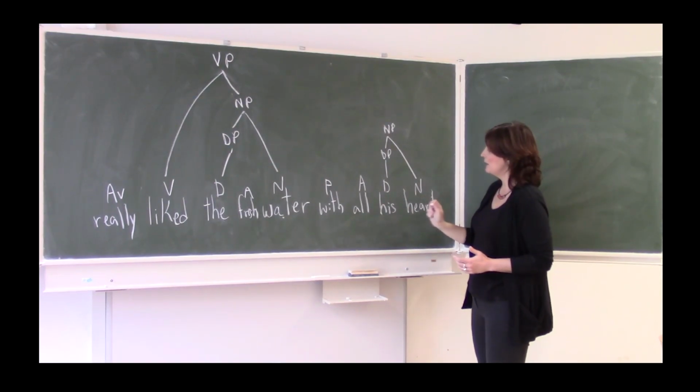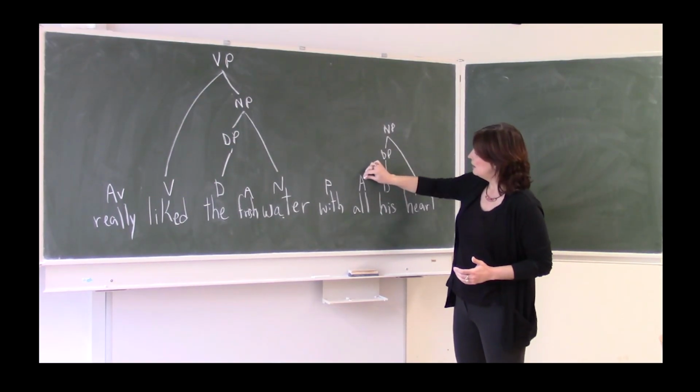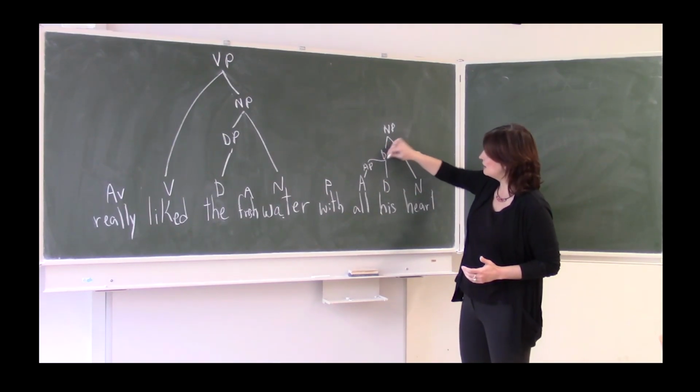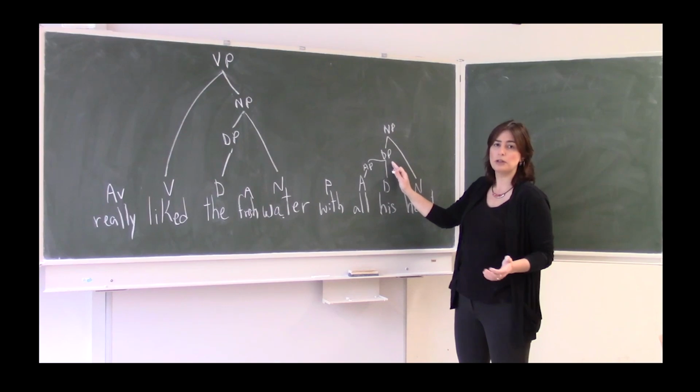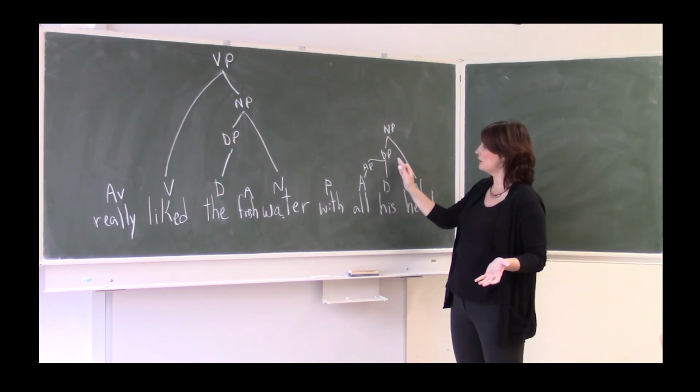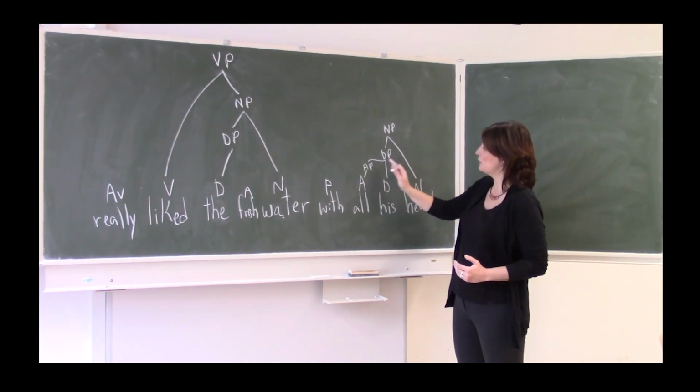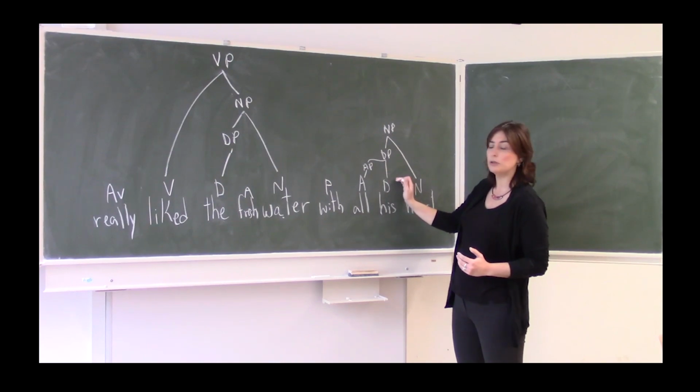Now this "all," it might be difficult for you to understand now, but take my word for it, it's a nice specifier to the determiner phrase. And this is because determiner phrases are specifiers to noun phrases, and specifiers are the leftmost element in a phrase. So anything that comes before will have to go inside it.